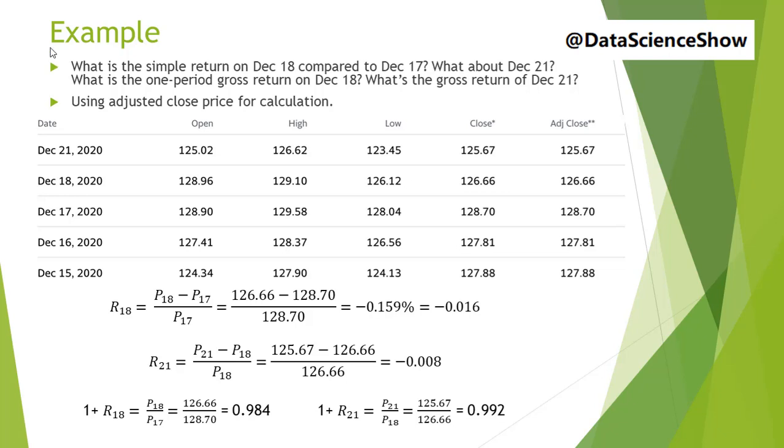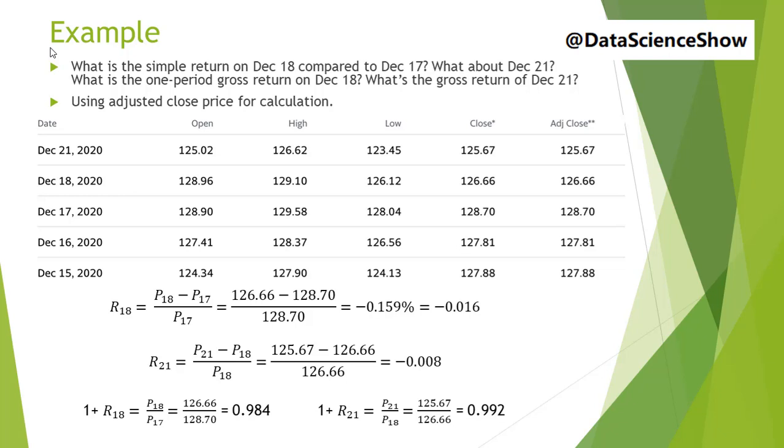Since you get the answer on the slide, I will not repeat how to calculate. You just follow the equations we just talked about to get the answer. But I want to talk about some finance concepts according to this example. The first one is the difference between close price and adjusted close price.